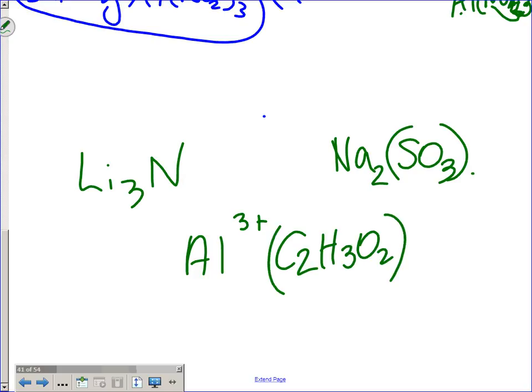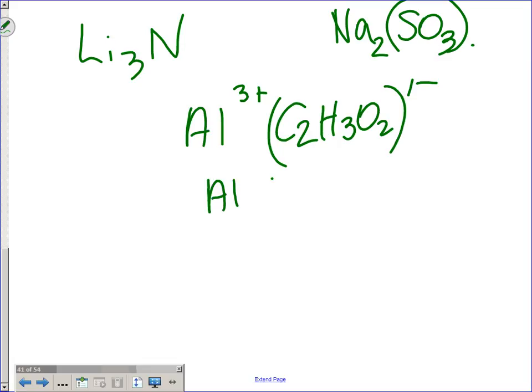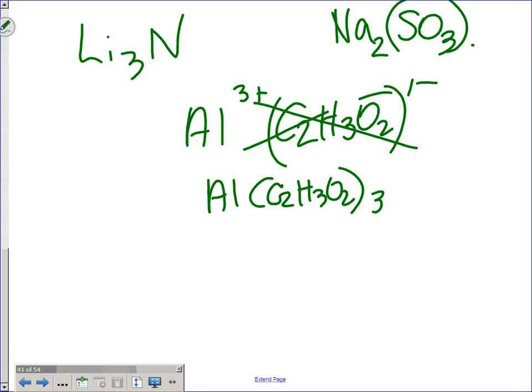Charge, -1. Crisscross, Al, C2H3O2, 3, because that 3 gets crisscrossed down. So when I say acetate, 3 syllables, it's really the only polyatomic with that.